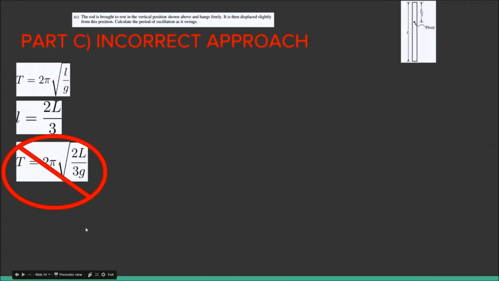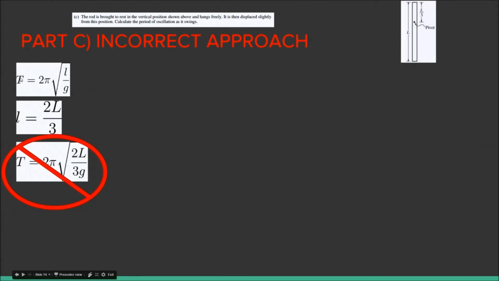Lastly, we have an incorrect approach to this problem, which is to use the equation for a simple pendulum, in which you do not take into account the mass of the whole pendulum. You just take the mass of a little bob at the end of a string, for example, where the string's mass is negligible. But since this is an extended body and not a particle, we have to say that it's a physical pendulum, not a simple pendulum.